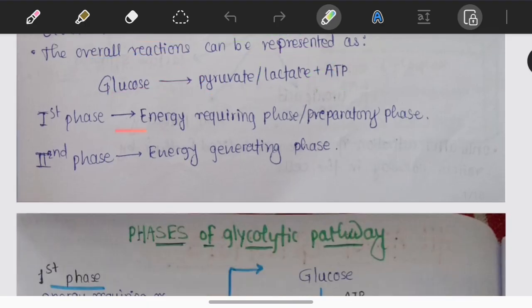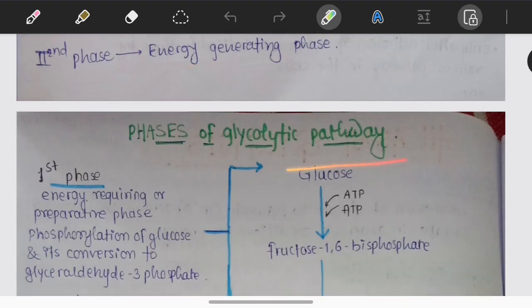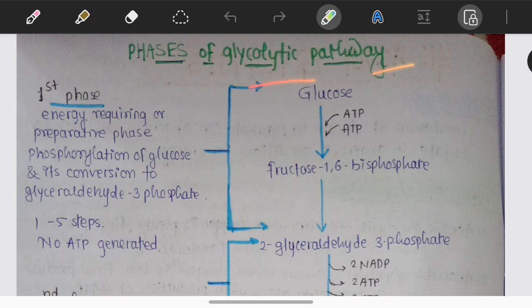The first phase is the energy requiring or preparatory phase, and the second phase is the energy generating phase. These are the phases of the glycolytic pathway.